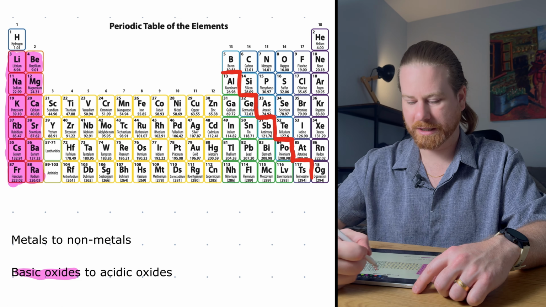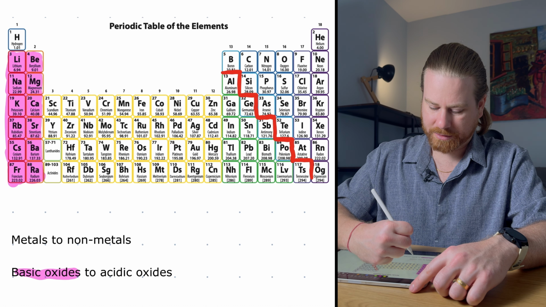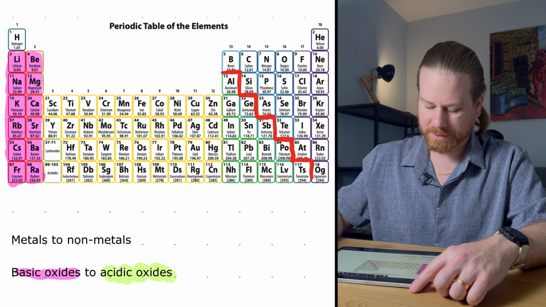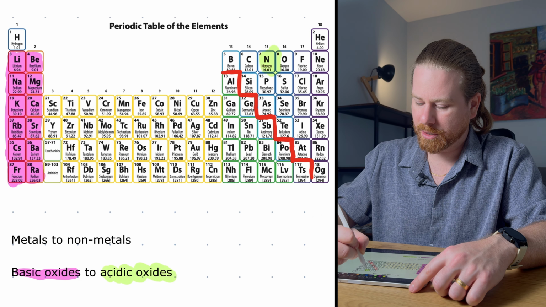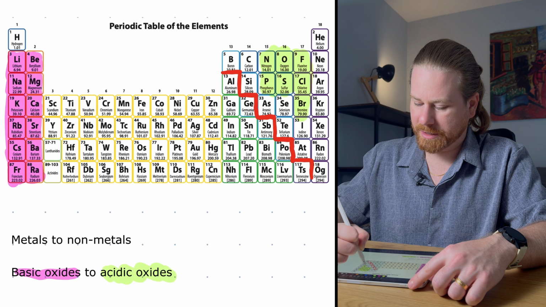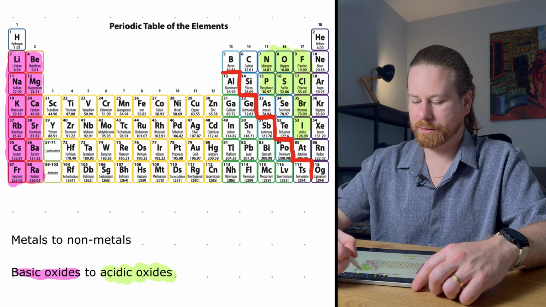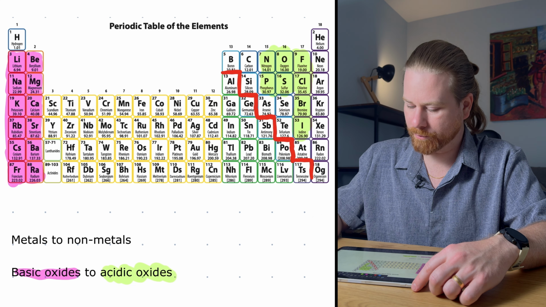Okay, now on to the acidic oxides. Acidic oxides tend to be the non-metals, but not all of the non-metals. So let's have a look at some examples, although not nitrogen.